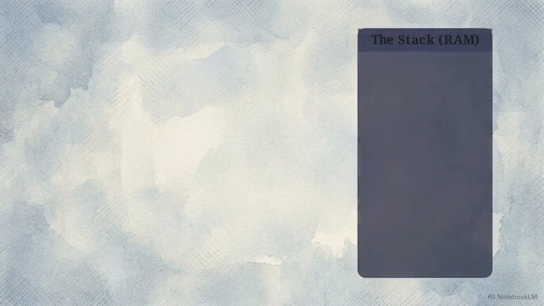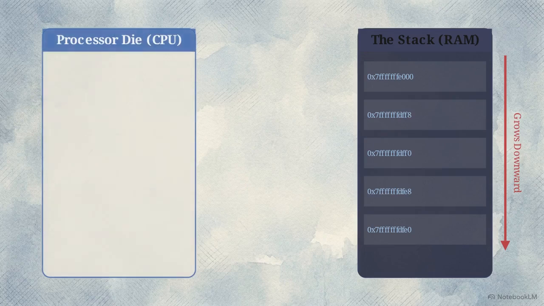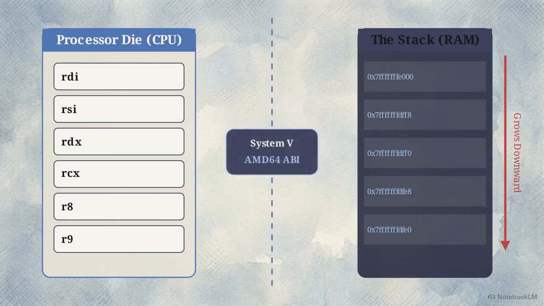This diagram maps out the external system RAM, specifically the stack, which grows strictly downward as memory is allocated. This is where the processor goes when it runs out of space on the die. When a program passes data to a function, it follows a strict rulebook called the System V AMD64 Application Binary Interface, or ABI.